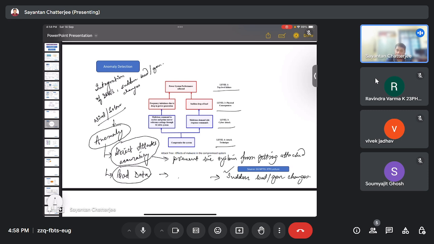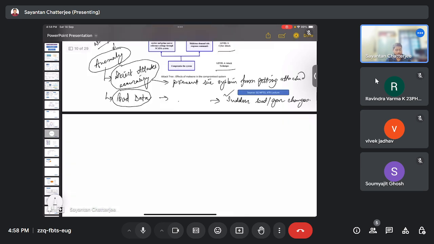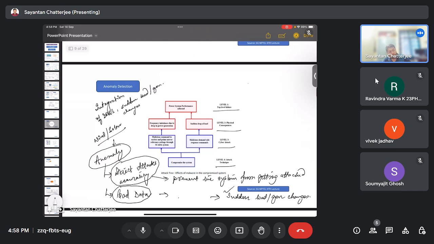So a malicious command to the exciter or prime mover, referred from the SCADA system, would result in mal-operation of this generator or alternator, and accordingly that would result in failure. So proper anomaly detection techniques should be properly designed.